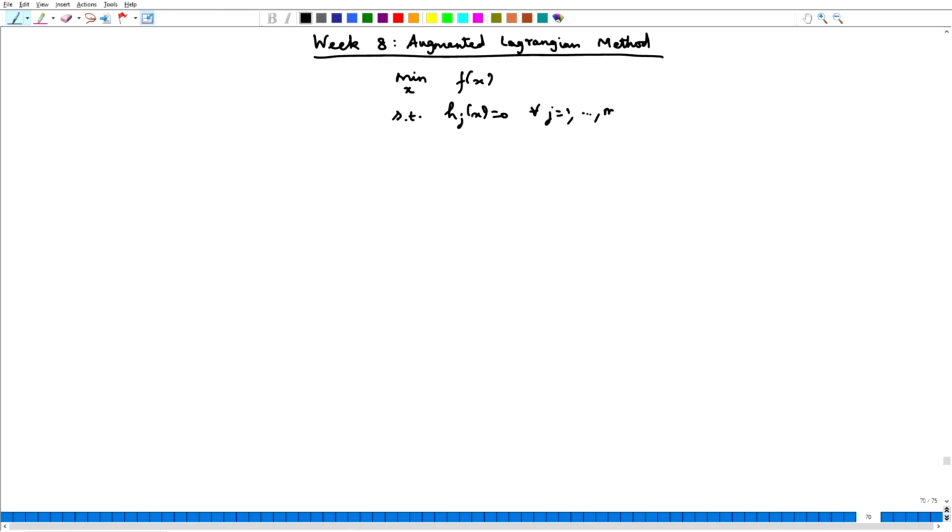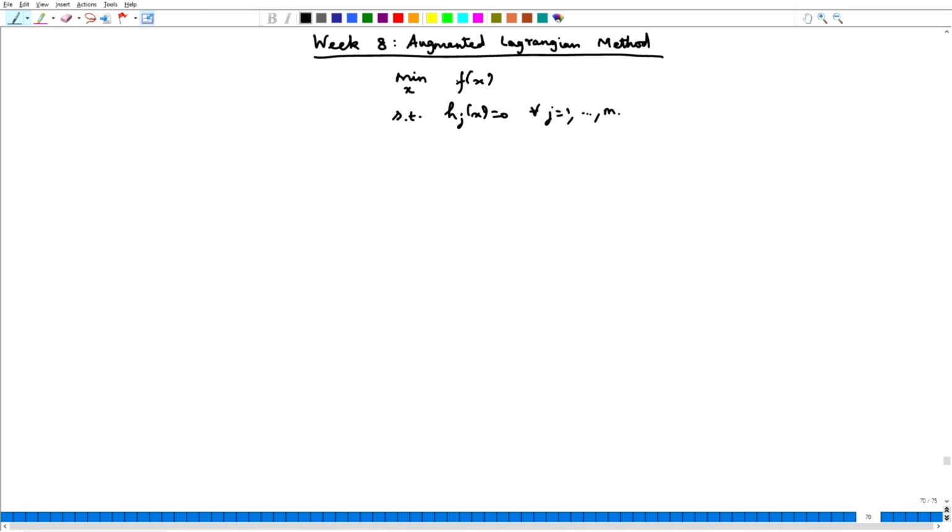All right. So, let me start by illustrating the basic difference between what we had in the quadratic penalty method and what we are having in the augmented Lagrangian method, right.